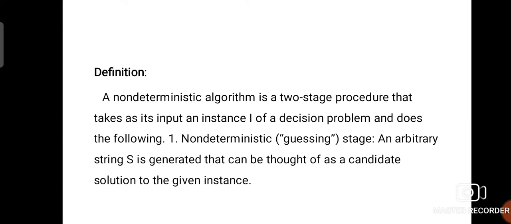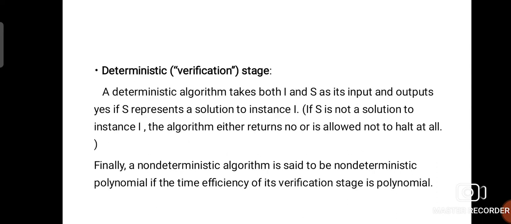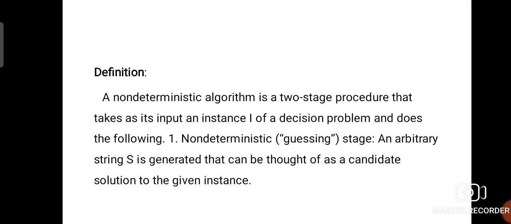Now we can see another definition. A non-deterministic algorithm is a two-stage procedure that takes as its input an instance I of a decision problem and does the following: a non-deterministic stage and a deterministic stage. In the non-deterministic stage, an arbitrary string S is generated that can be thought of as a candidate solution to the given instance.